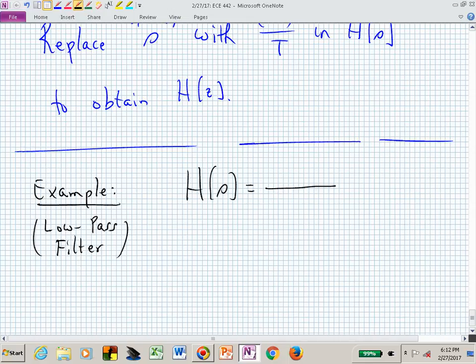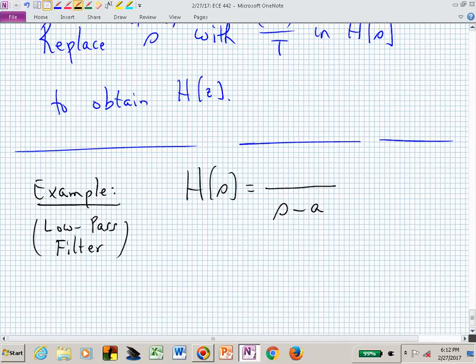But in terms of a transfer function, what's a low-pass filter? Let's say it's first order. Where's that pole if I said s minus a, if a is a positive number?